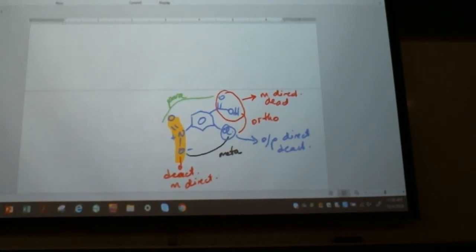I could potentially introduce a chlorine and then put this ortho here, but I'm not going to be able to put the nitro group as is. And everything is deactivating, so it's also going to be difficult. So I need at least one ortho para director here so that I put things where I want.